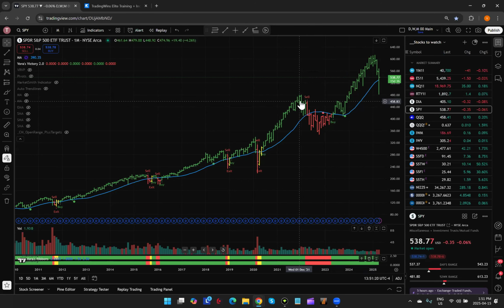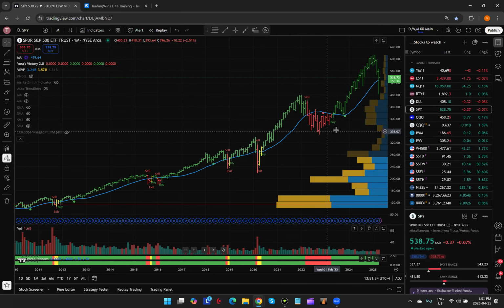Where you see a lot of activity, a grouping of candles or bars, usually there's volume in there. Now, one indicator that you can use is the volume profile indicator, which shows us where the bulk of the volume was for each price level.